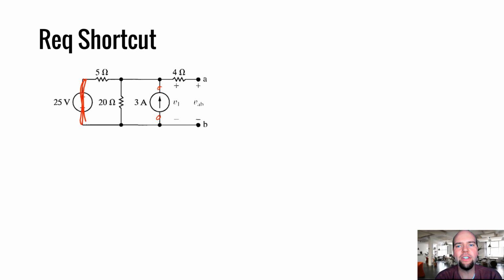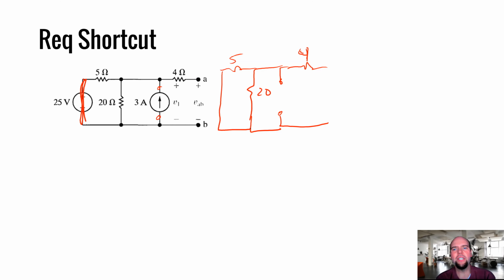So if we redraw this circuit as a 4 ohm resistor, leave this open, and a 20, and a 5, and we say, all right, from the perspective of these terminals A, B, what's this resistance?